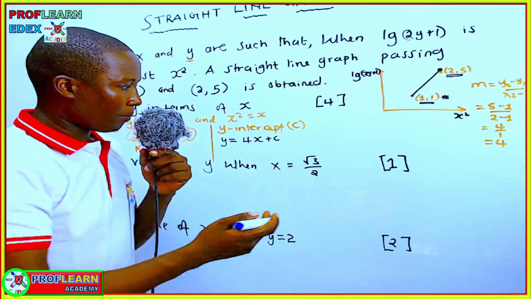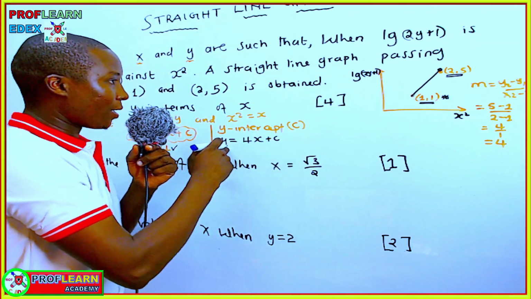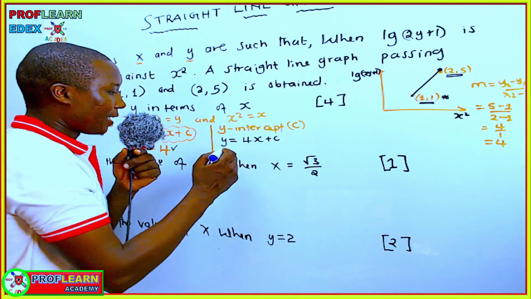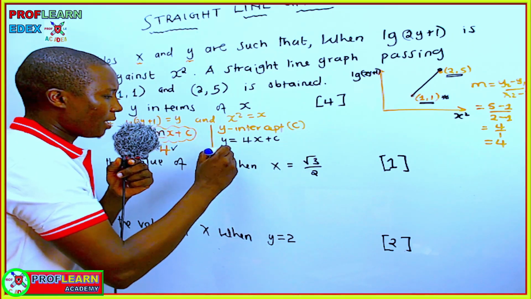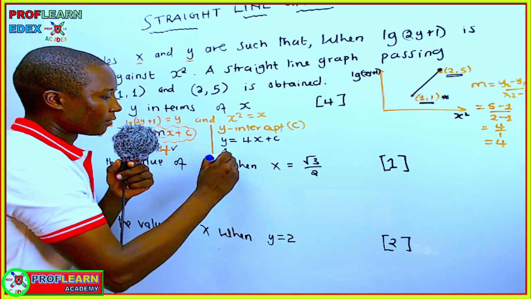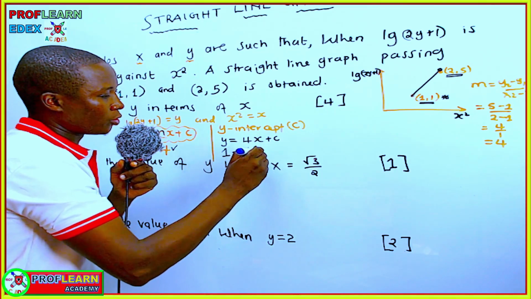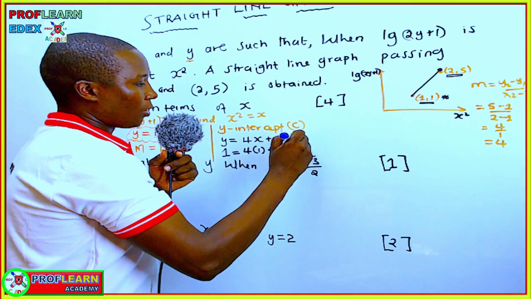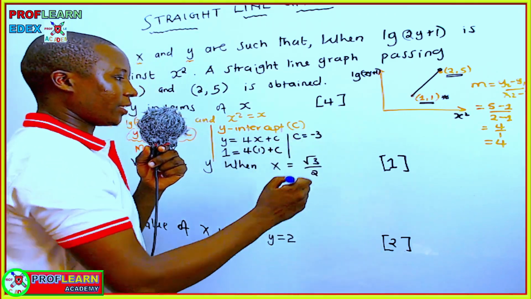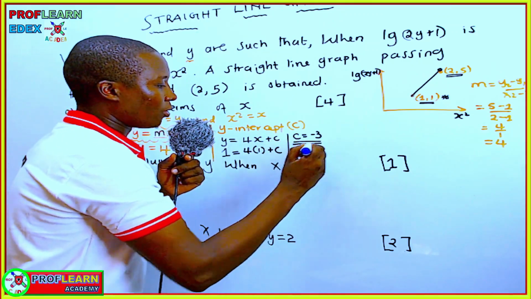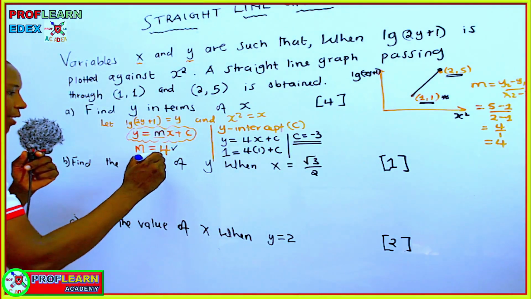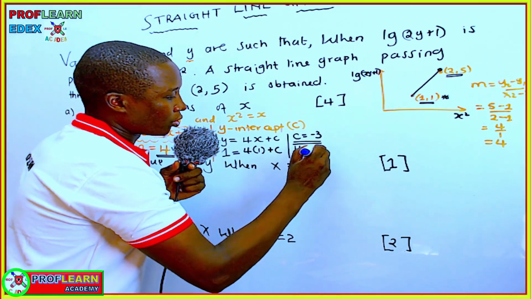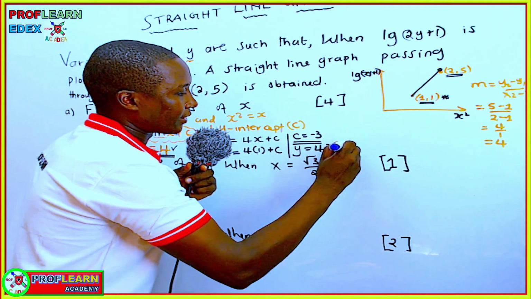We replace y with 1 and x with 1, so that we have one unknown, which is c. This is 1 equals 4 into 1 plus c, and then we have c equals negative 3. So we have the value of c and also the value of m. Then this equation can be written as y equals 4x minus 3.